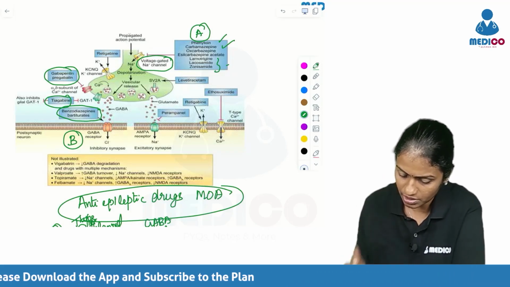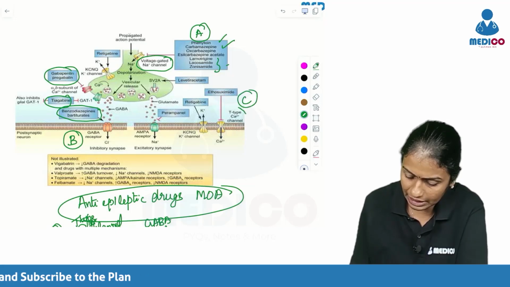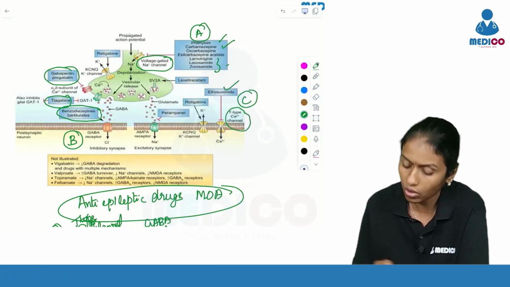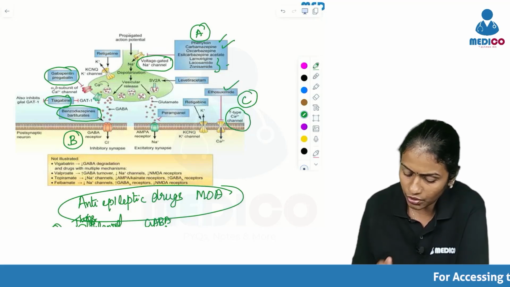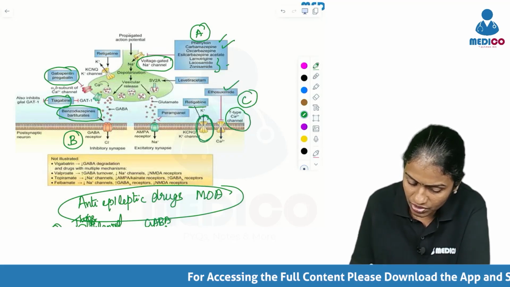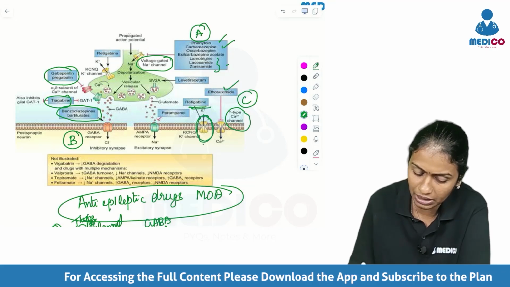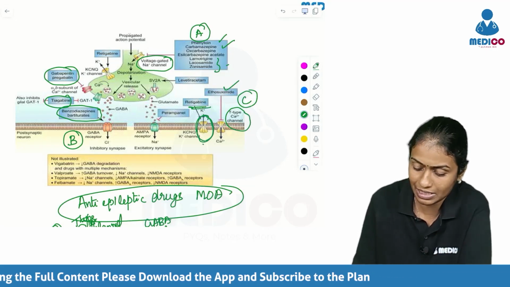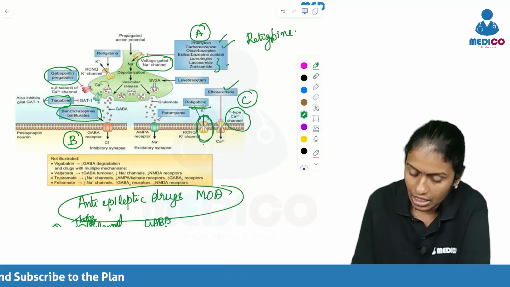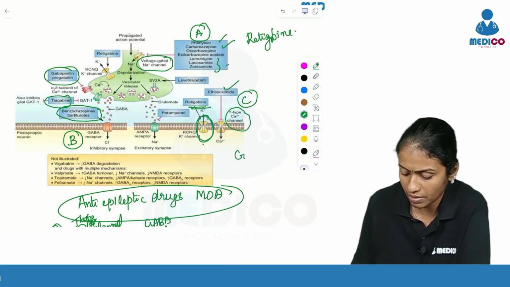Calcium channel, you can see here, C. T-type calcium channel: you have ethosuximide, even sodium valproate acts by all these mechanisms. Then you have the potassium channel openers. You have retigabine, which acts both postsynaptically as well as presynaptically. Then you have the glutamate receptors.